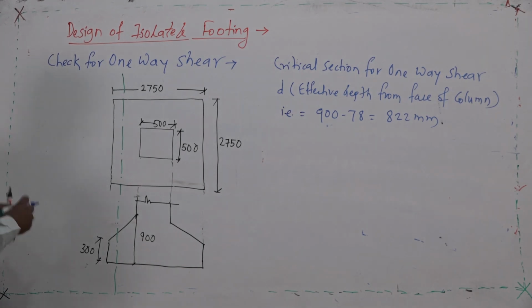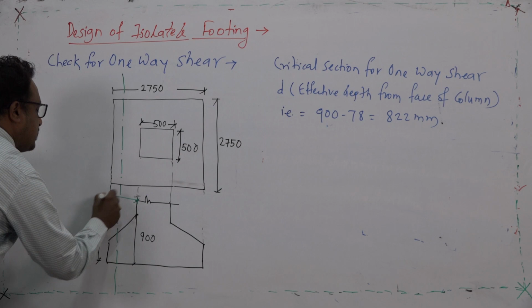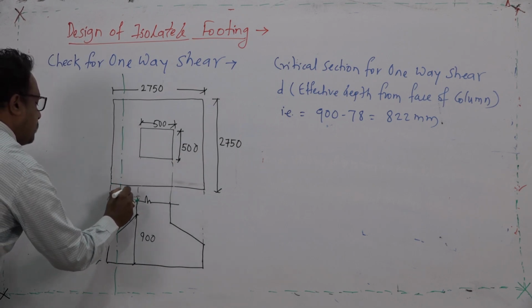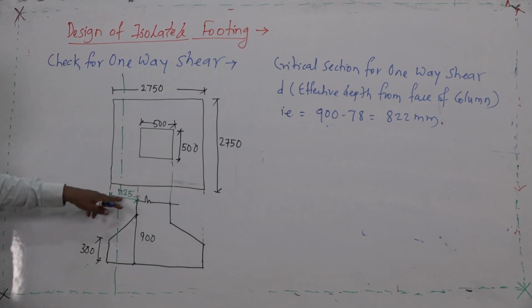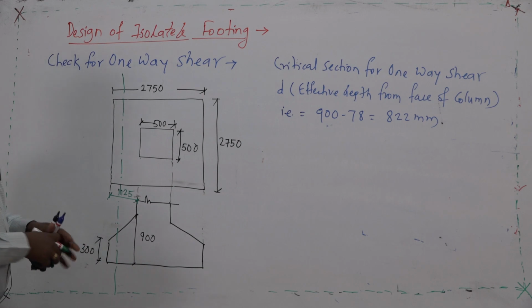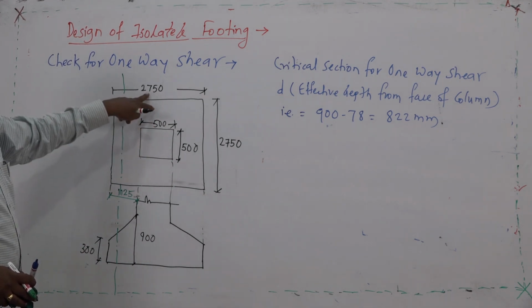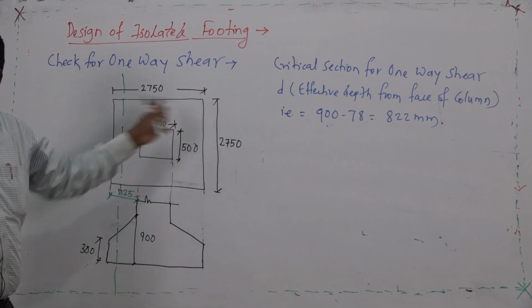At the same time, we have the idea where this face is located from the end of footing. This is 1125. Yesterday we arrived at this 1125 value: in short, this is 2750, this is 500, so 2750 minus 500 divided by 2, as there is an equal offset on both sides.